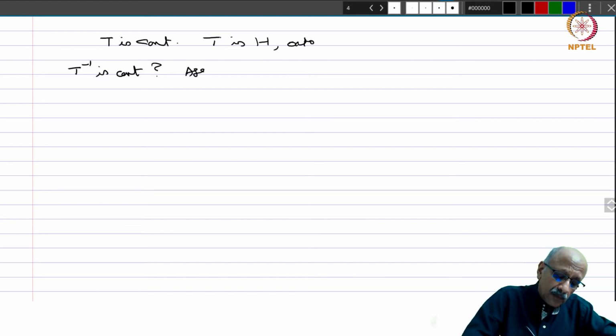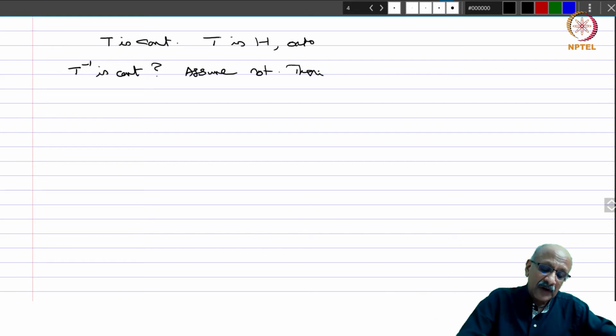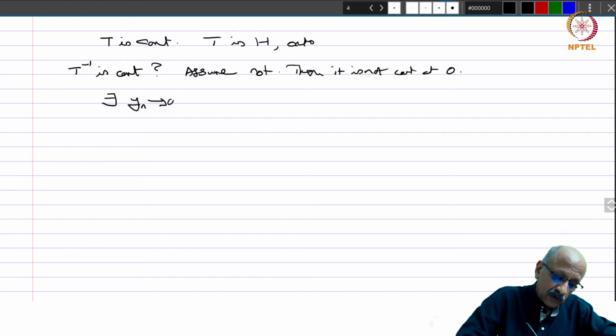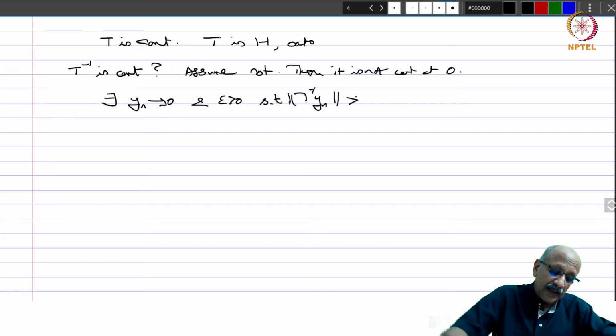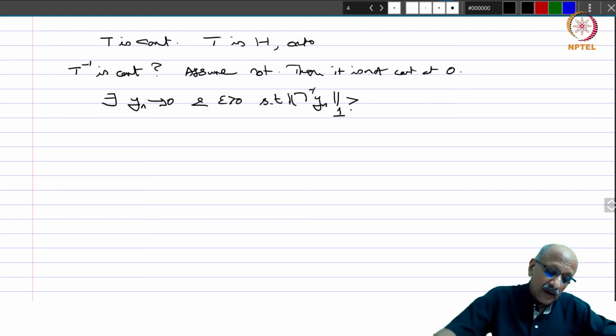So assume not. Then we saw that continuity is the same as continuity at the origin, and therefore it is not continuous at 0. What does this mean? There exists a yn converging to 0 and an epsilon positive such that the norm of T inverse of yn is bigger than epsilon.